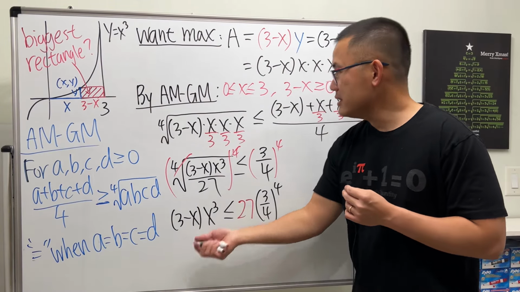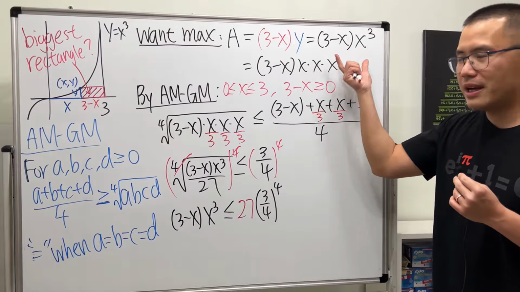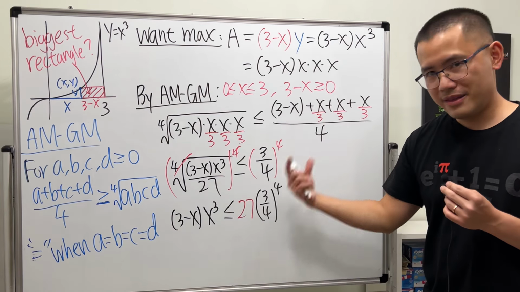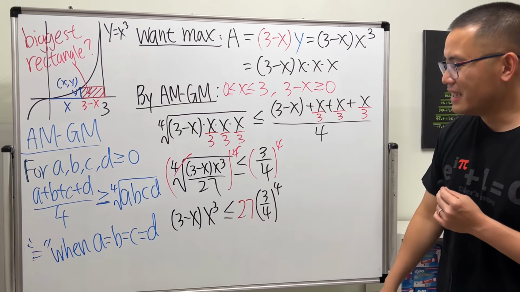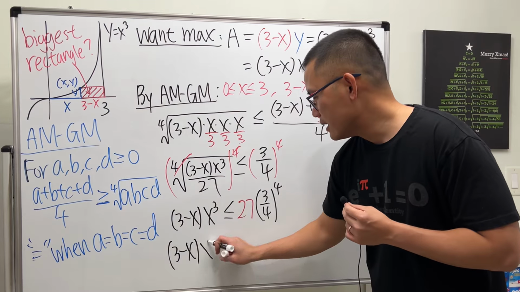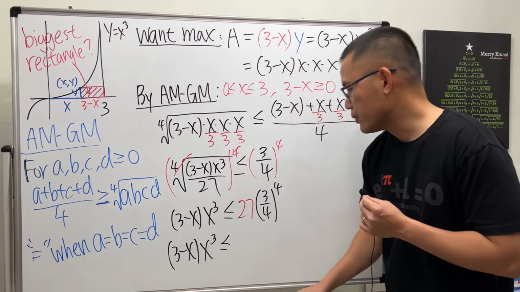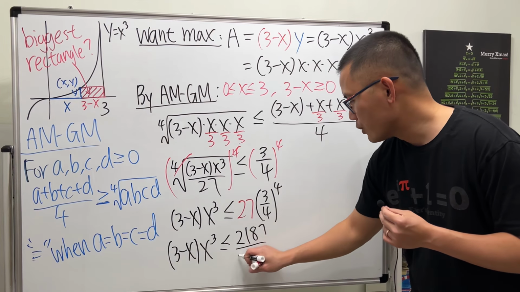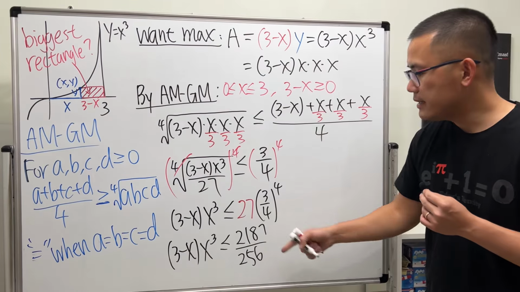So now we have this expression, which is our area expression. It's less than or equal to this number, no x on the right hand side. And now let's just work that out. And then we can get this being less than or equal to, I will tell you the answer for this, 2187 over 256. I didn't do this in my head.